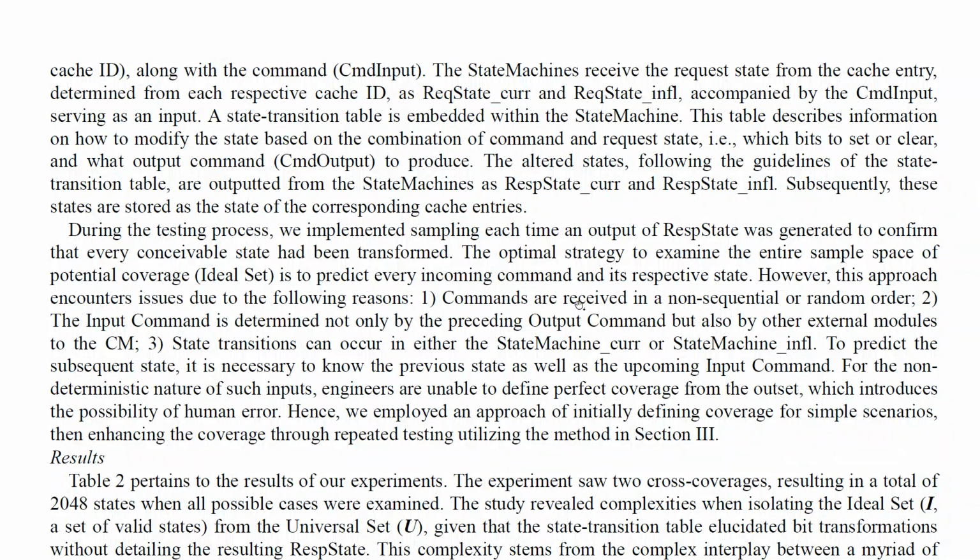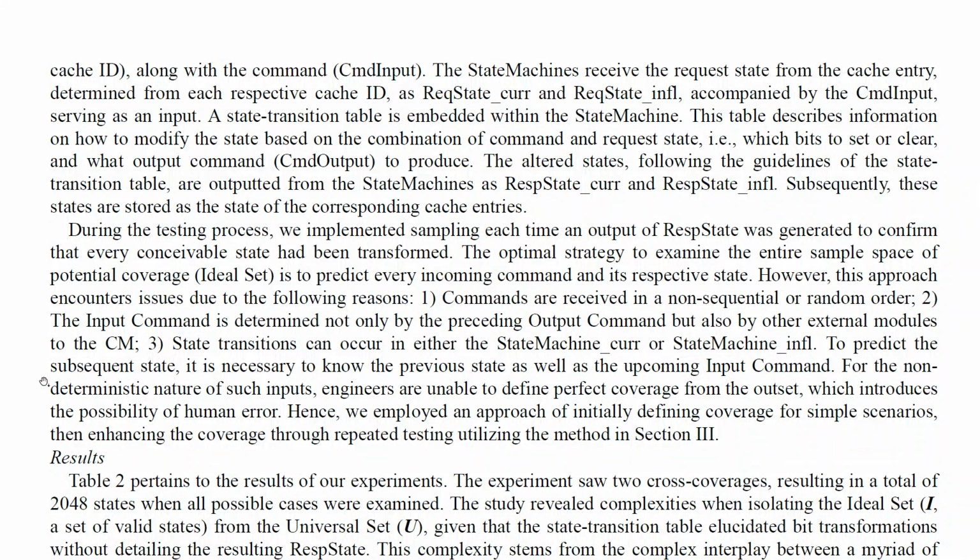The commands are received in a non-sequential or random order, so the input command is determined not only by the preceding output command but also by other external modules to the CM. The state transition can occur in either state machine _curr or state machine _infl.